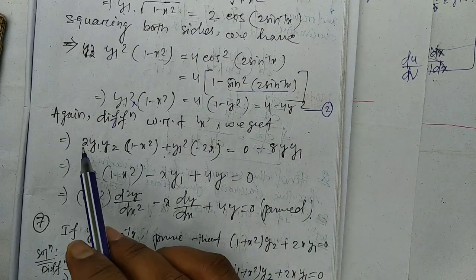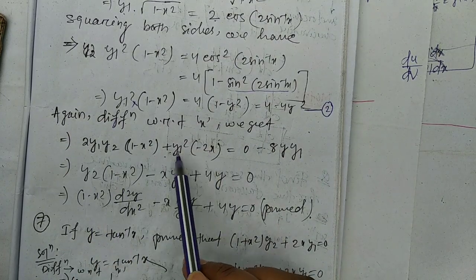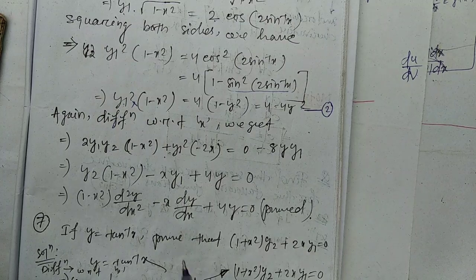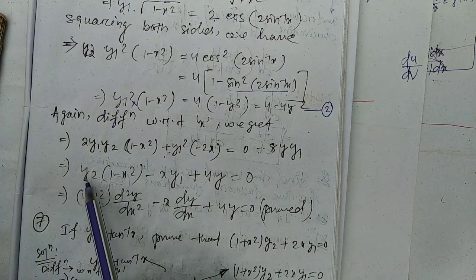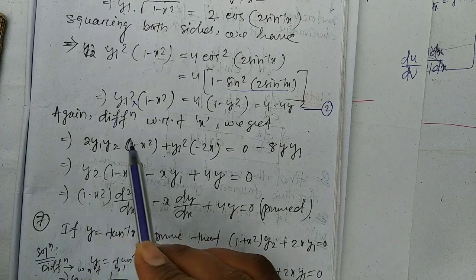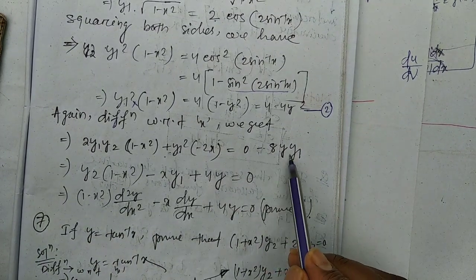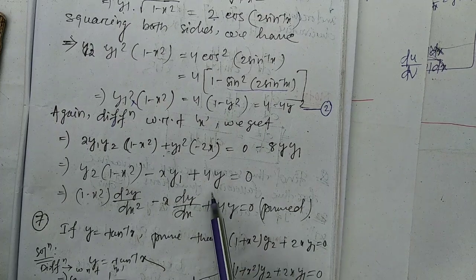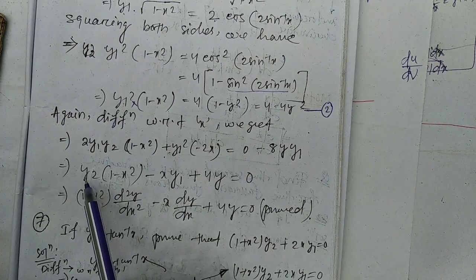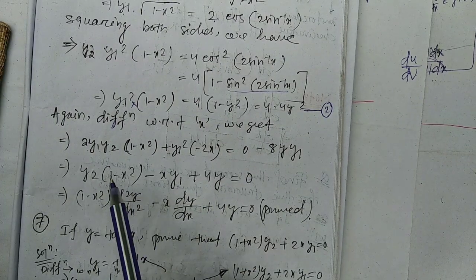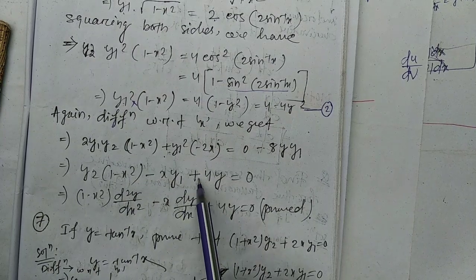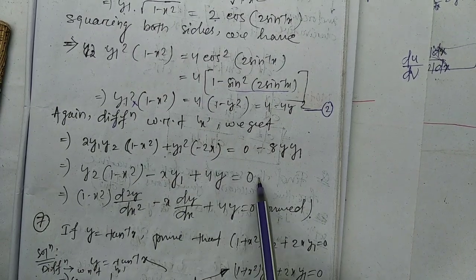Everywhere 2y1 is there, so we cancel it out. After cancelling 2y1, here will be minus 4y; taking to the left, it will be plus 4y, and the remaining term will be y2 whole into 1 minus x square minus x y1 plus 4y is equal to 0.